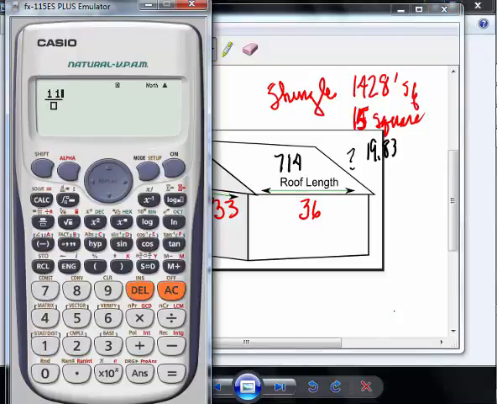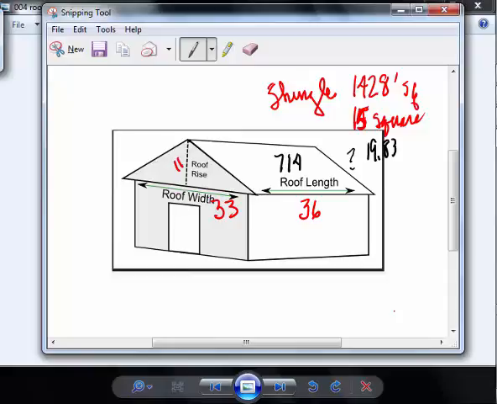Remember, it's 11 times 33 divided by 2, and then you multiply that by the length, which is 36, and you get 6,534 cubic feet. Now, the right number of sig digs looks like 2 in each case. So we would say 1,400 there, and we would say 6,500 cubic feet there.